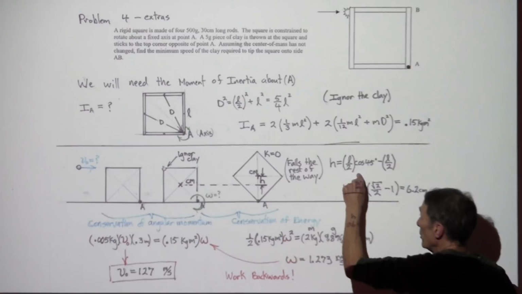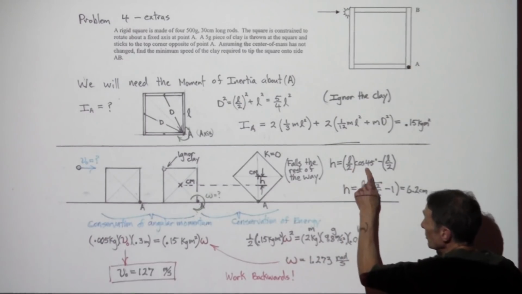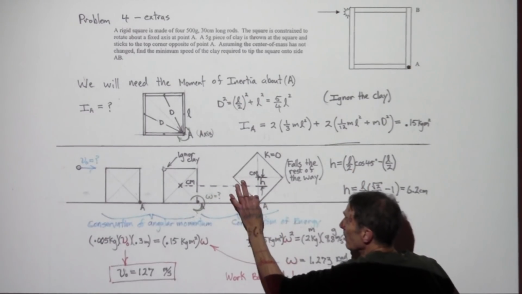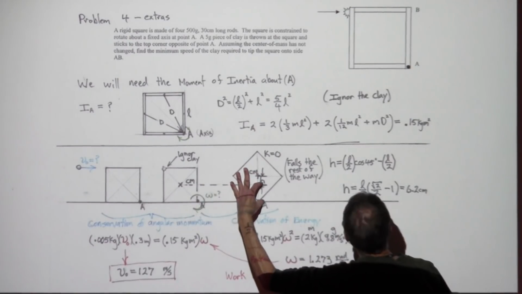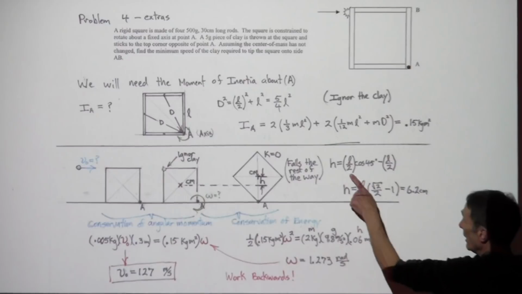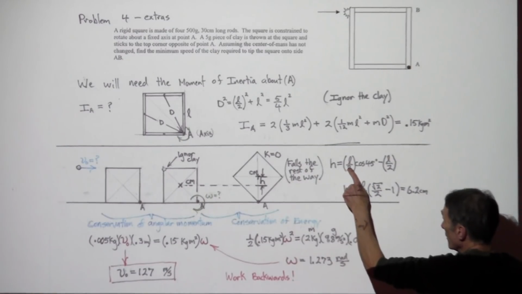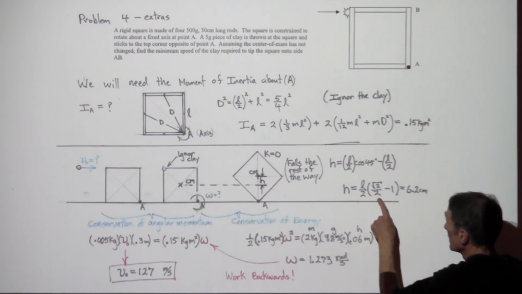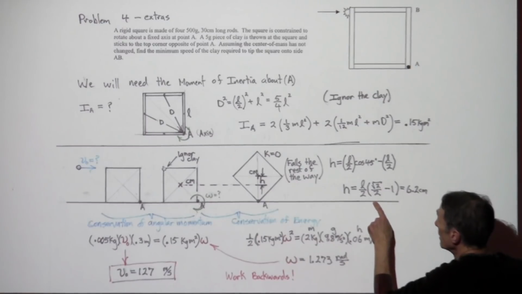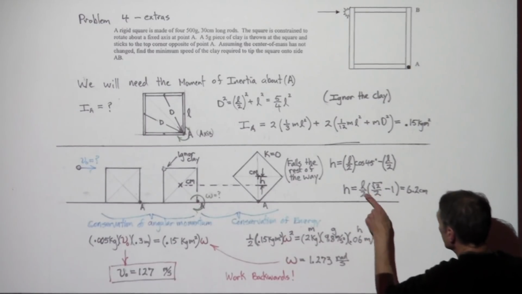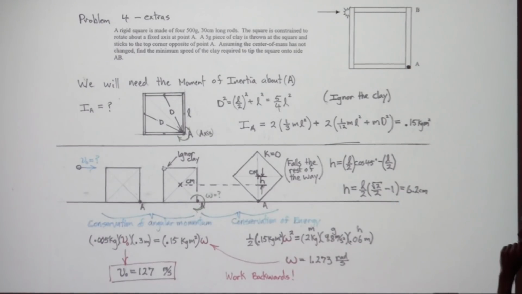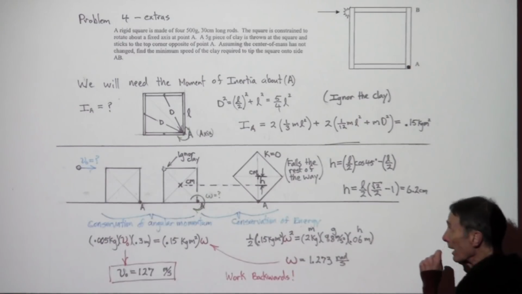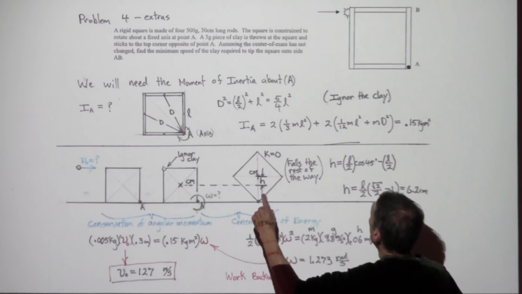L cosine of 45 would be this whole height minus L over 2, so no 2 there, and that will change things. I've got to get rid of this 2 on this one. 45 would be the total diagonal. Right, yeah. So the center of mass.